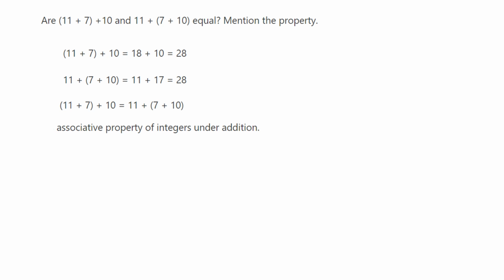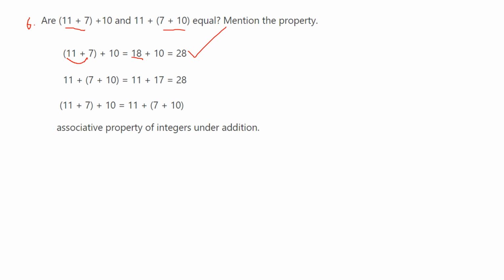Sixth question: bracket of 11 plus 7 closing bracket plus 10, and 11 plus bracket of 7 plus 10, are they equal? Mention the property. First we simplify inside the bracket. 11 plus 7 is 18, and adding 10 gives 28.